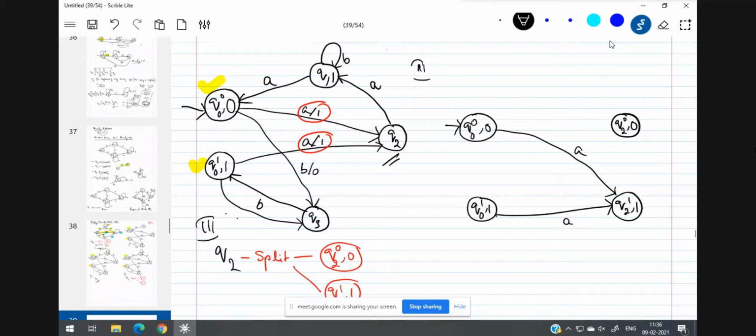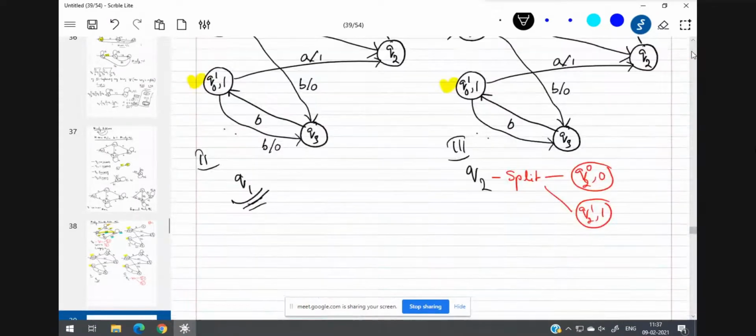And then what else? This is going to be Q1, 1, B. This is A. And then this is going to be Q3, B. Something went wrong here.